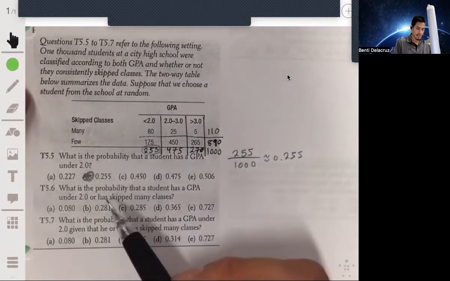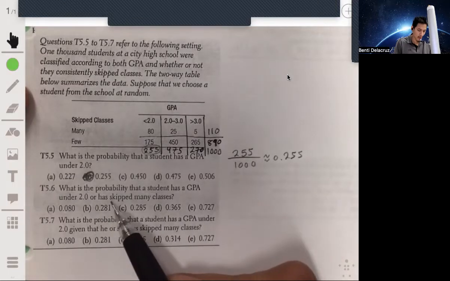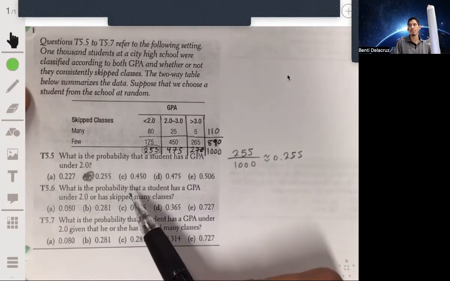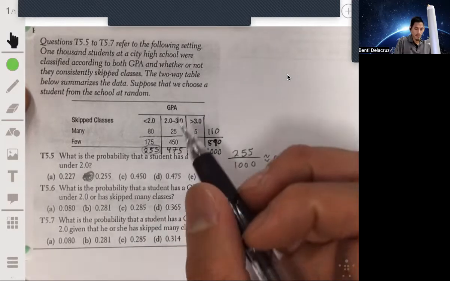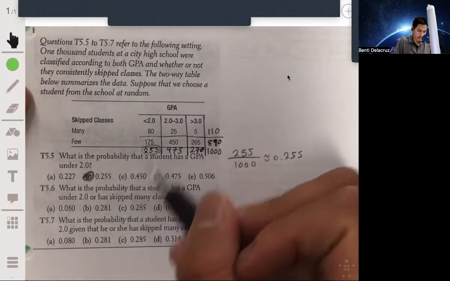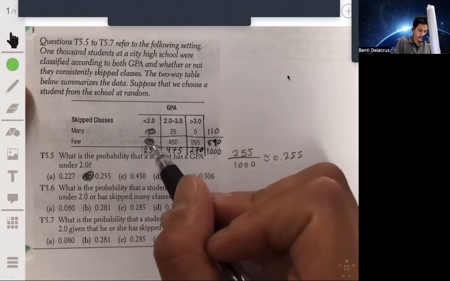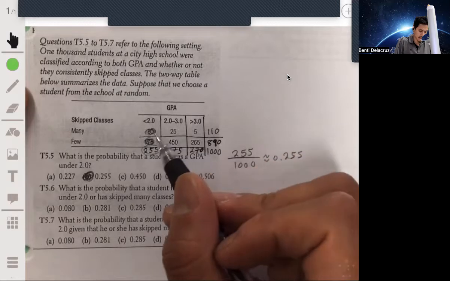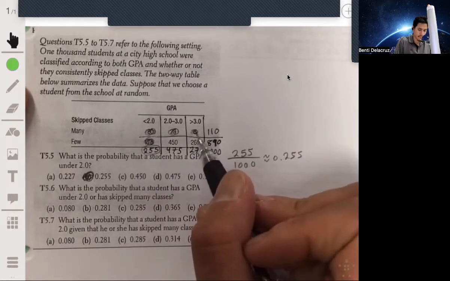Let's look at the next one. What's the probability that a student has a GPA under 2.0 or has skipped many classes? So it could be one or the other. Let's look at the values that correspond to this. This counts as a student with less than 2.0. We can count this one too. Now the students that skip many classes would be this one, this, and this, because they're all in this row.